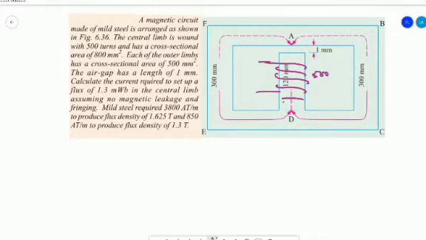So this cross section area, maybe I can mark it with a different color. So this cross section area is given to be how much? 800 mm square. And each of the outer limbs, they have a cross section area of 500 mm square. So these are the outer limbs. So this limb or this limb, whatever you take, so this has a cross section of how much? 500 mm square.